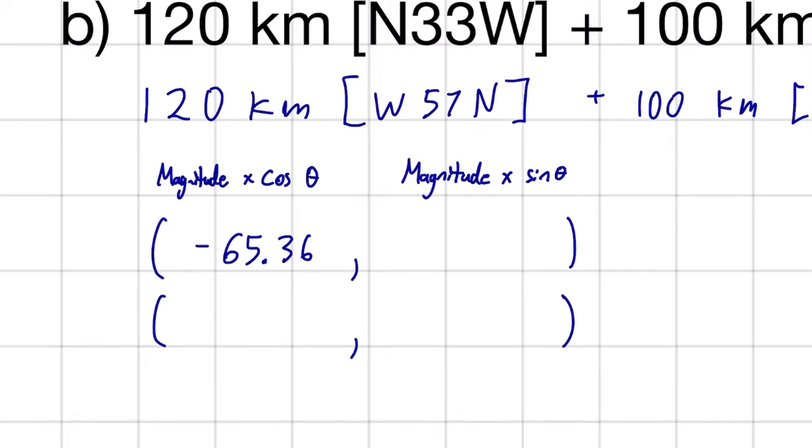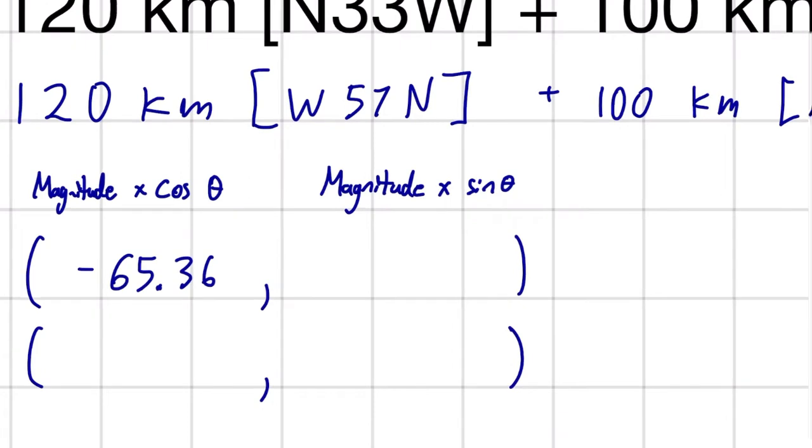And let's do the same thing with the north-south component of the first vector. So in the north-south, it's the magnitude times the sine of the angle. So 120 times the sine of 57 in degrees, that's going to be 100.64.